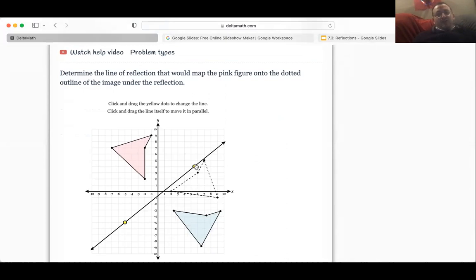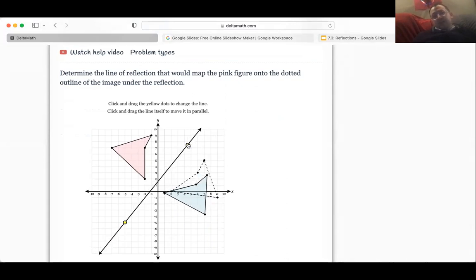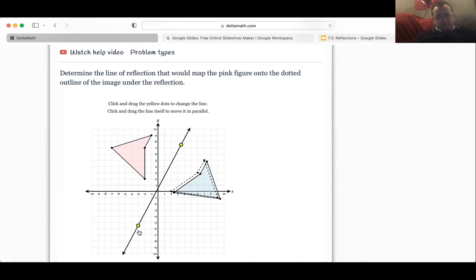So your goal is to get this line of reflection exactly in the middle of these two figures, and you can pivot it. Your goal is to get this blue shape and the dot to line up perfectly. And it's kind of an exact science here.